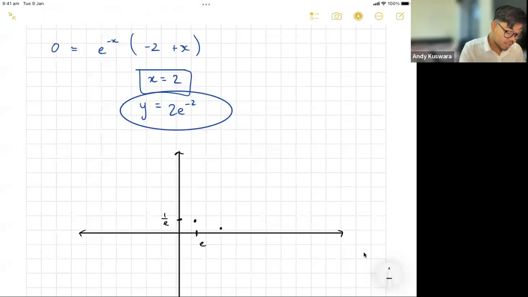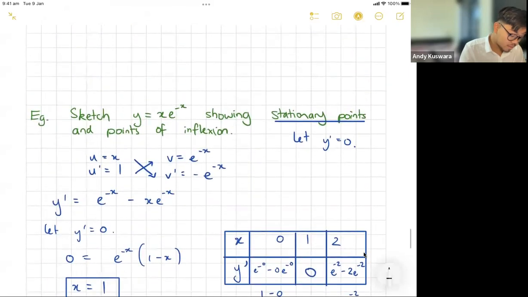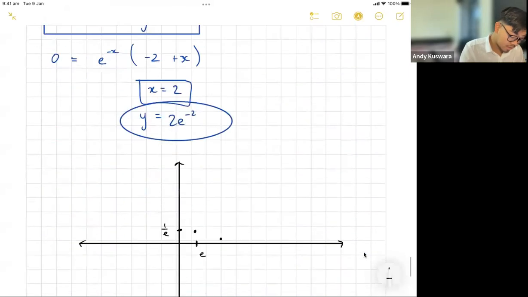And then what I'm going to do here is test and see what happens as I let x get really, really large, because I can see that it's probably going to do something weird here. How do you find a y-intercept? Let x equal 0. So in this case, I can see that it's just going to cut through 0.